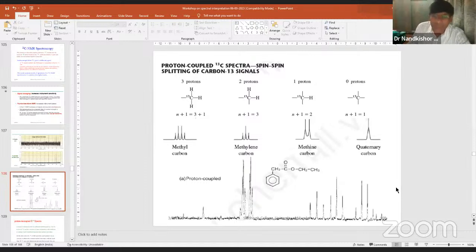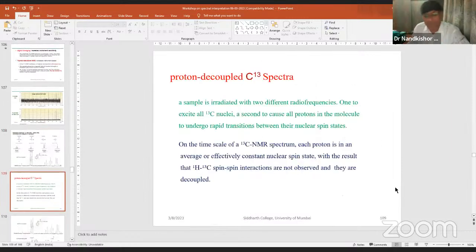So this is applicable, no doubt, but in normal experimental study, we don't do this type of proton coupled analysis. There is a proton decoupled spectrum which is widely used in analysis of C13 NMR. As I told you, the drawback is the coupling constant.